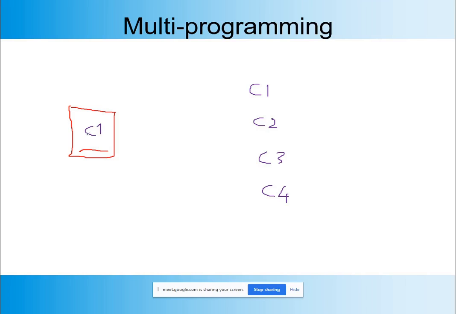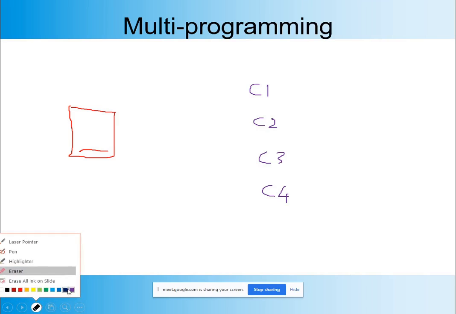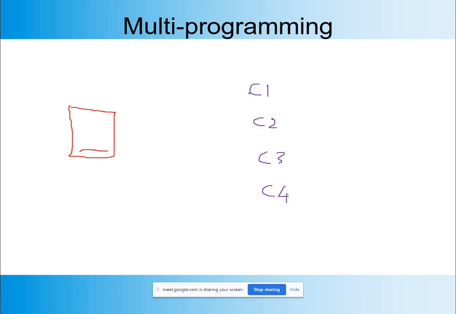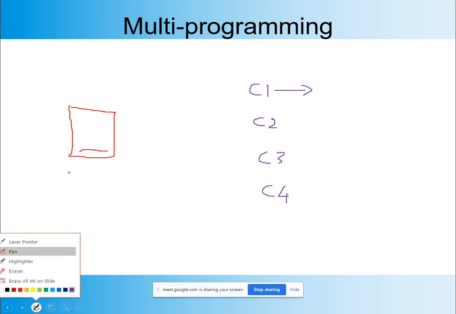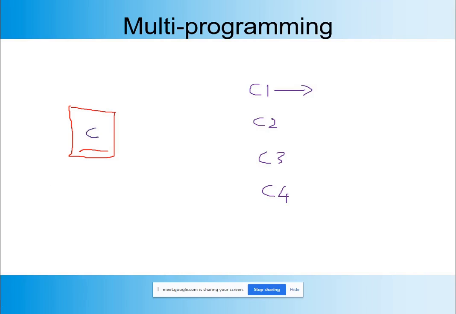So at that time he will relinquish the oven, because he is busy with some other task. He has gone somewhere else. So at that point of time, this oven is free. And the hotelier decides it should be used by someone else, so he allots it to C2.